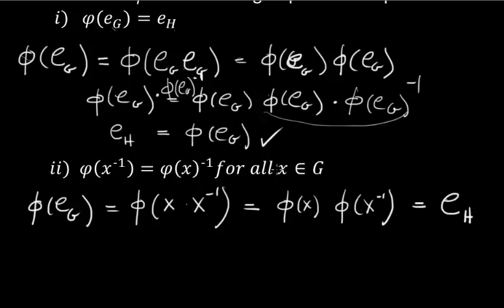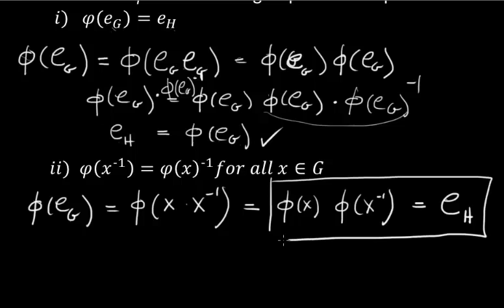So this here tells us that if this element in H times this element in H gives us the identity, then we know that that must be the inverse of phi of x, because inverses are unique.